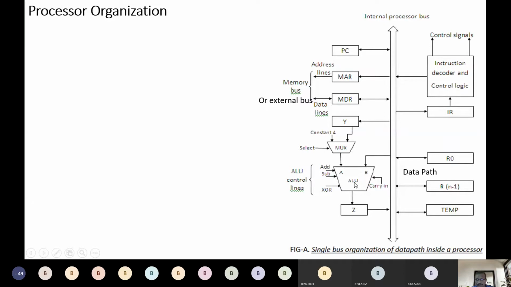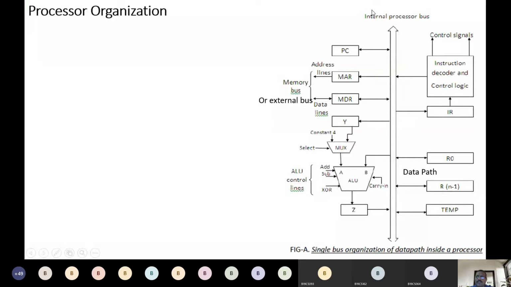Finally, you can see this output from the ALU may flow into another register Z. And from Z, the data can flow to maybe register R3 or R4. This is one scenario, and we also have the instruction decode and control logic. This is a component where control signals are connected from main memory. We assume that we have main memory here.